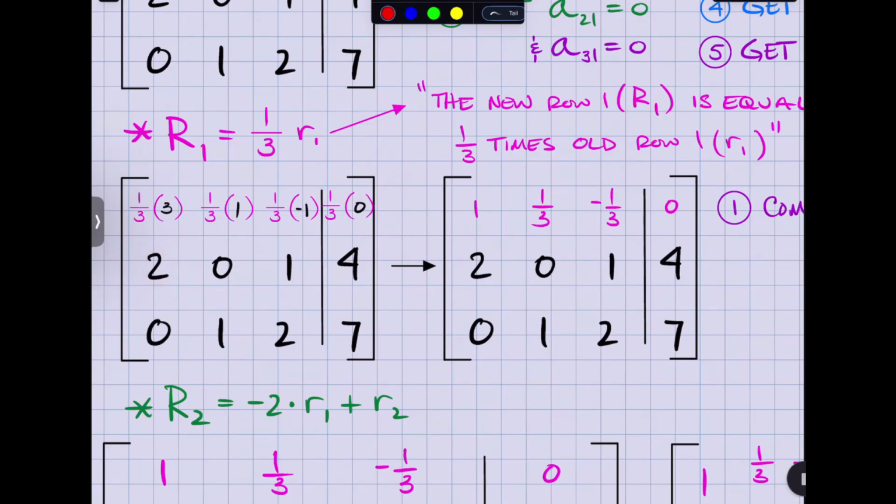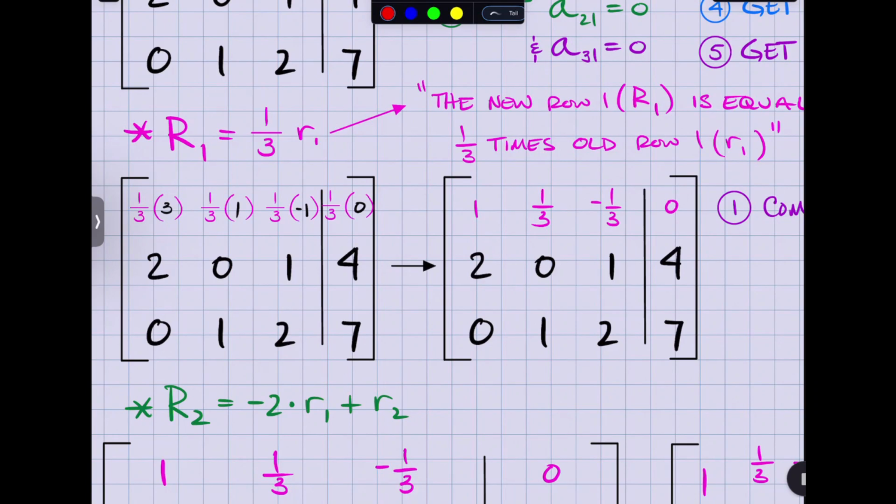So the reason why we made this a 1 is because it's very easy to make this a 0. Because if you think about elimination, right? The whole purpose of elimination is to make sure that the coefficient was the same number but opposite signs, right? So when we added, it becomes 0.